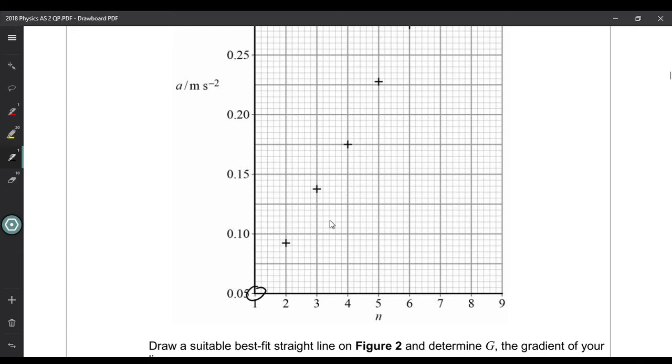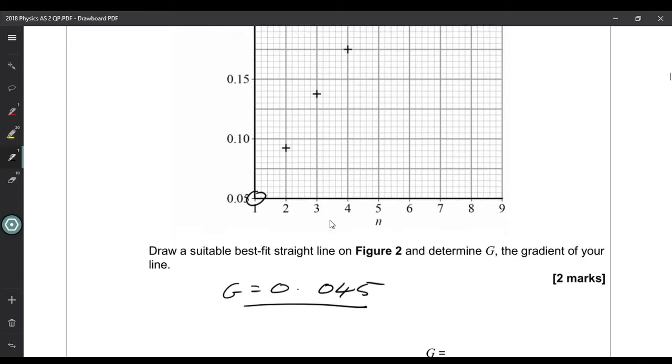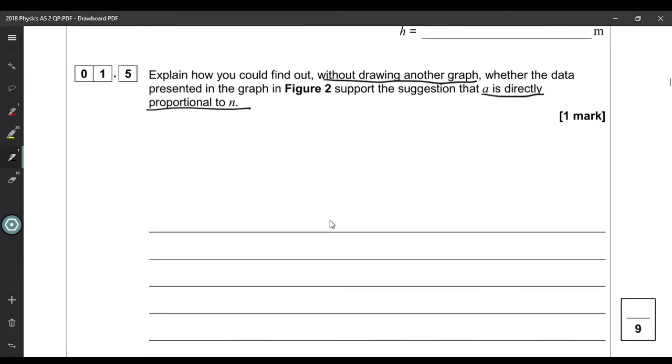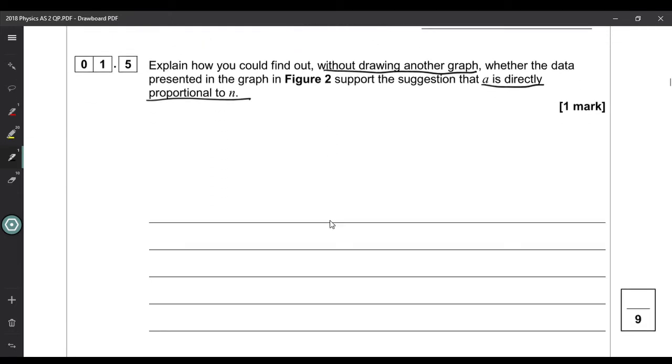So if we drew a straight line on this graph, we don't get to see an axis intercept. Okay, and that's why a lot of students were talking about redrawing a graph so we could actually see an intercept, but we don't need to draw another graph to see what the intercept is.